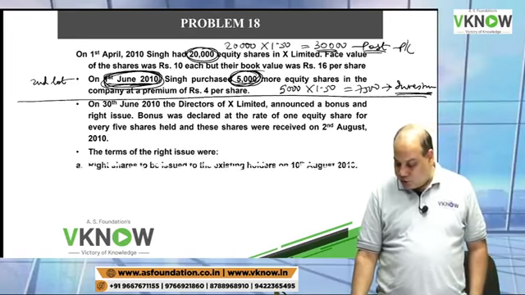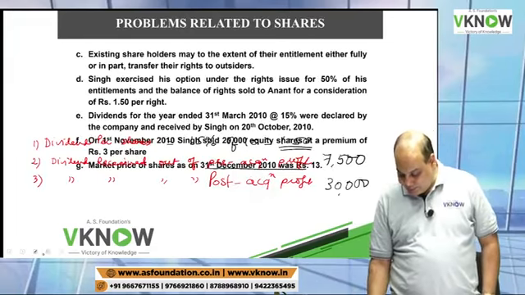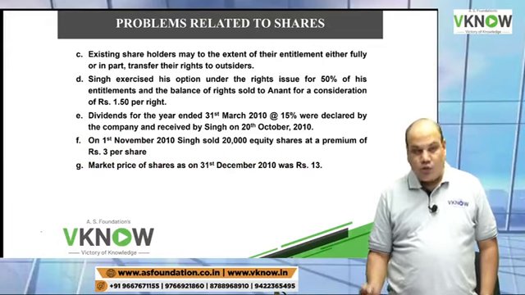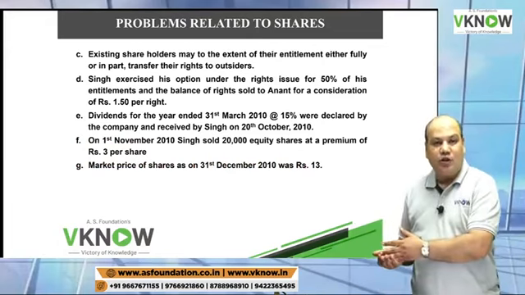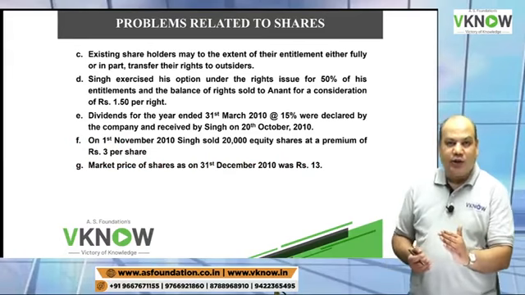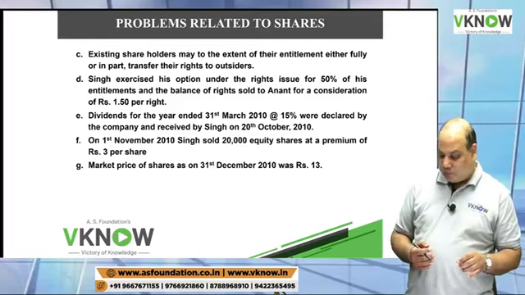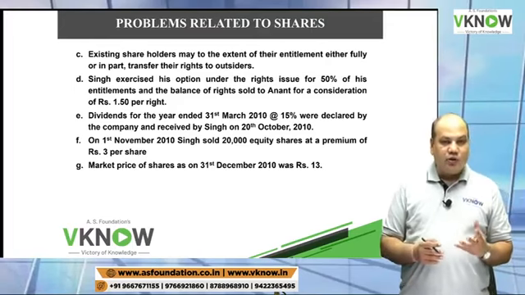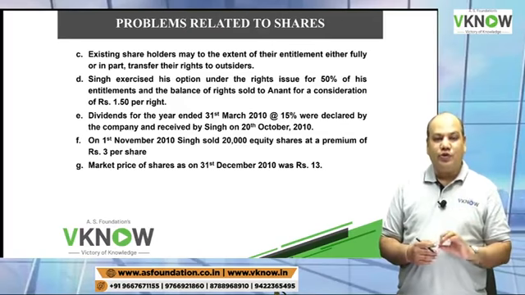Dividend will not be received on bonus share and right share. Why? Bonus share and right share were issued by the company in the current financial year. They were not in existence on 31st March. Most of the students have this query, why will Singh receive dividend on 5,000 shares?